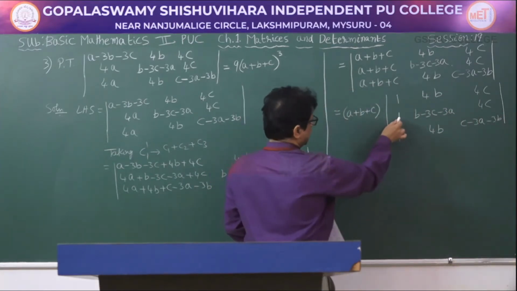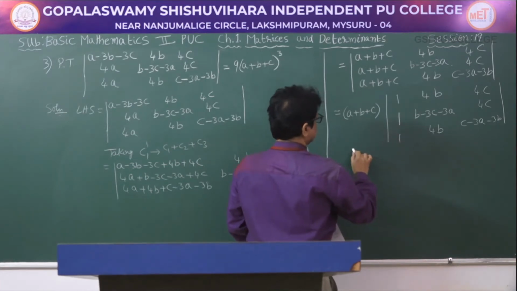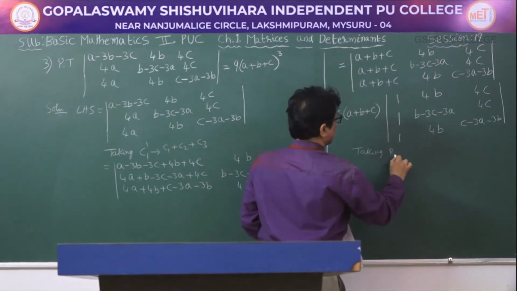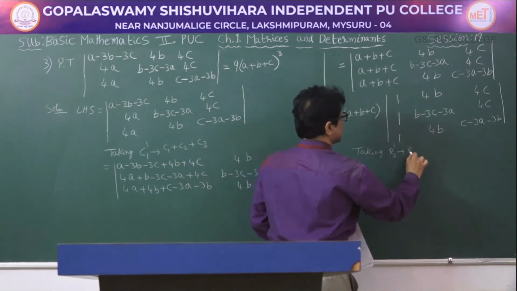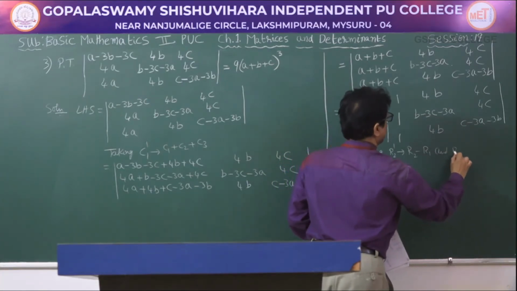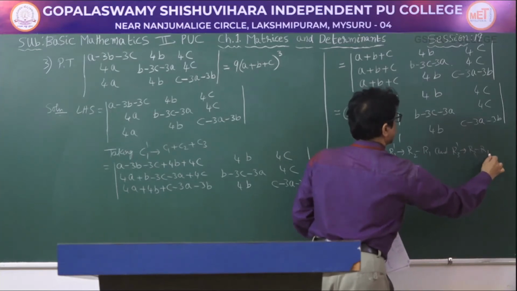Next, we make these two elements zeros. Therefore, taking R2 dash as R2 minus R1 and R3 dash as R3 minus R1.